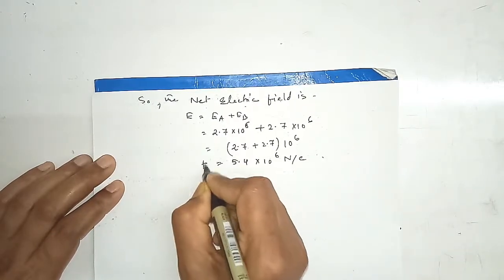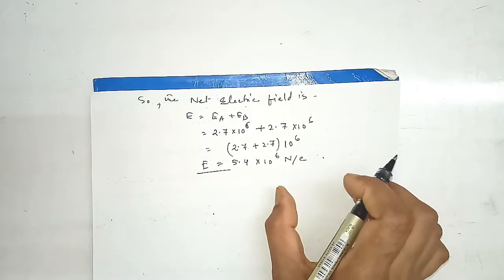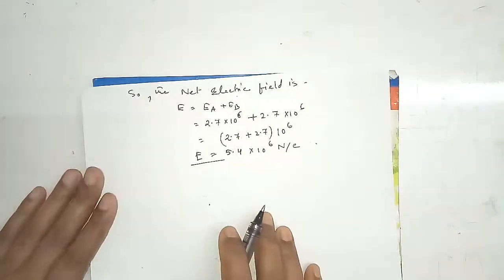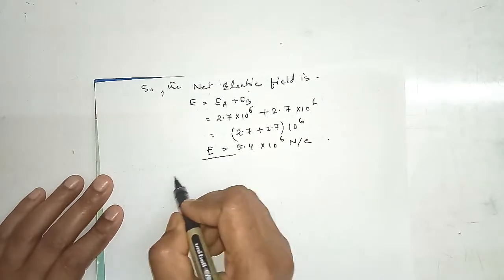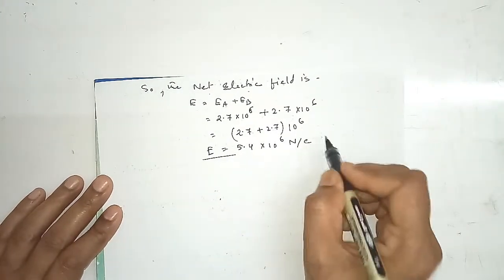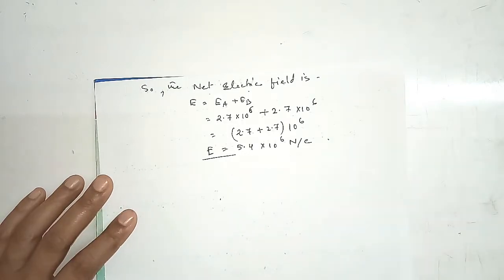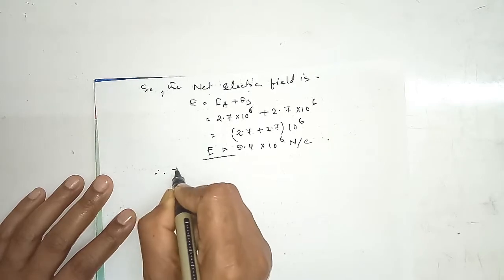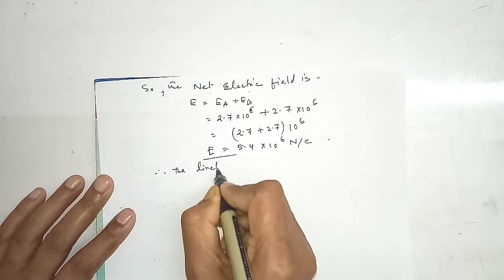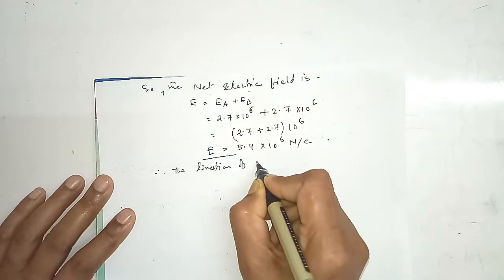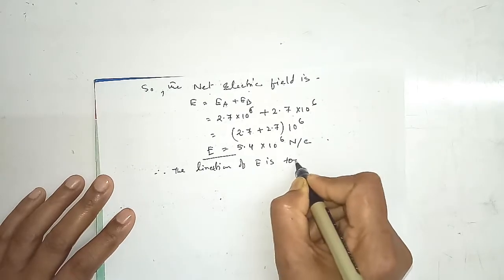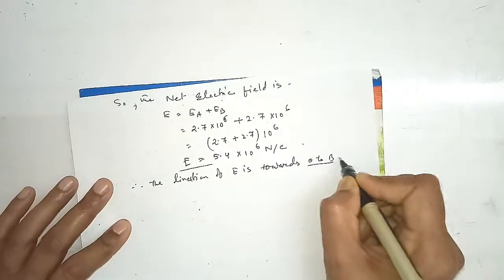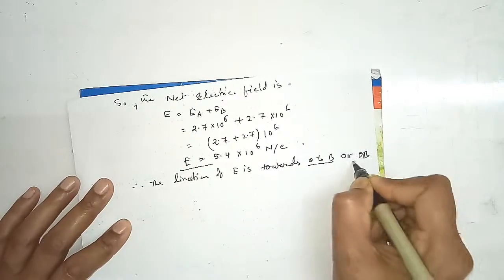So the total electric field is 5.4 into 10 to the power 6 Newton per Coulomb. And the direction of E is also from O to B or towards B.